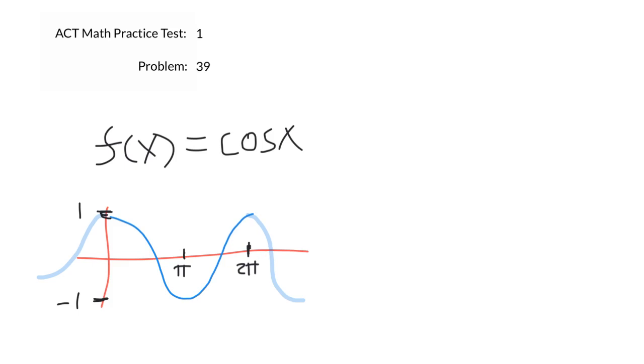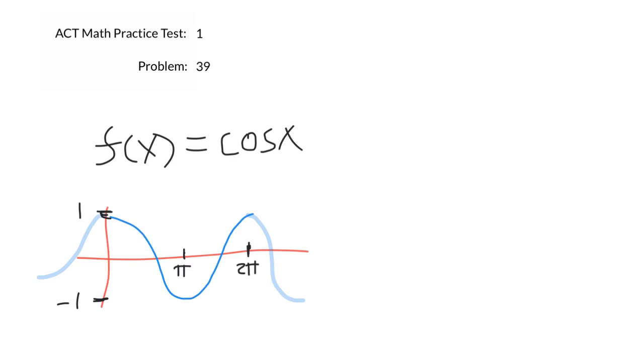The amplitude of a trigonometric function like cosine x or even sine x, which is a different looking graph, is the absolute value distance from the center region up to the maximum or down to the minimum.